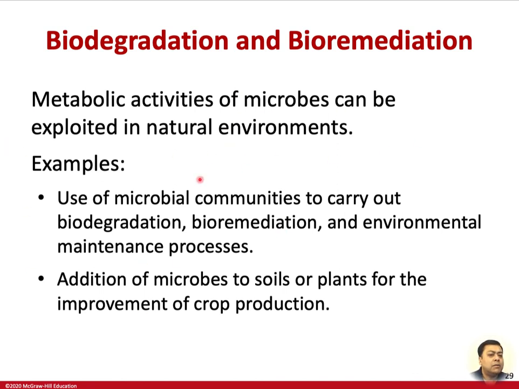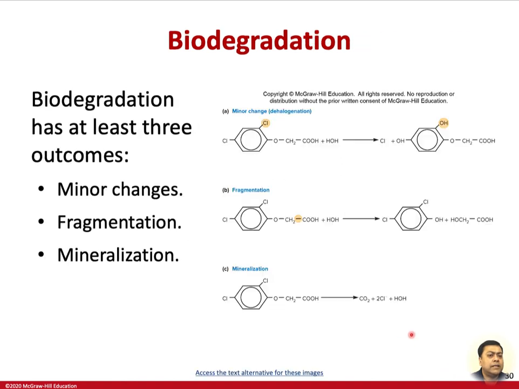Some examples are microbial communities carrying out biodegradation, bioremediation, and environmental maintenance processes, and we're going to explain each of them. And also the addition of microbes to soil or plants to improve crop production. So these are some of the processes that we can utilize, and we'll discuss these in this chapter.